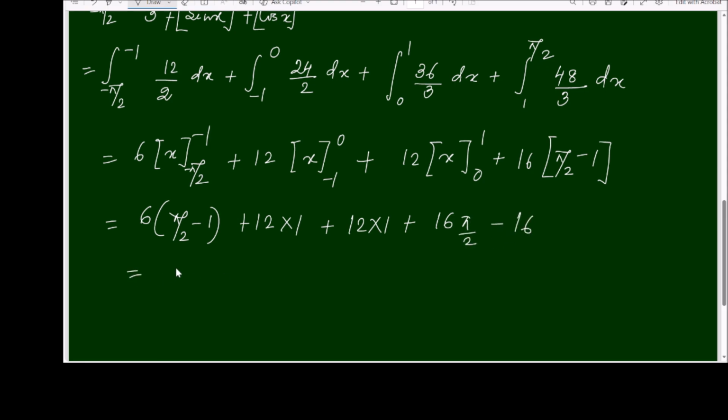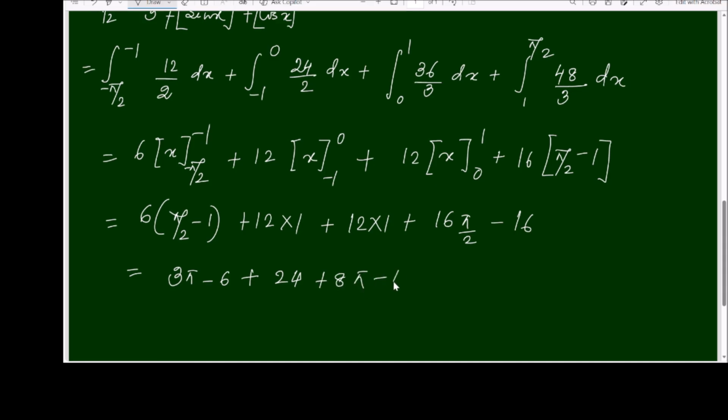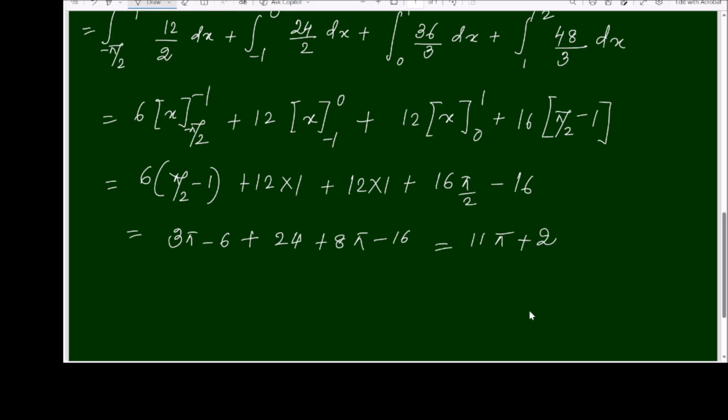So the answer will be 3 pi minus 6 plus 24 plus 8 pi minus 16. So this will be 11 pi plus 2. So this is the answer of this question.